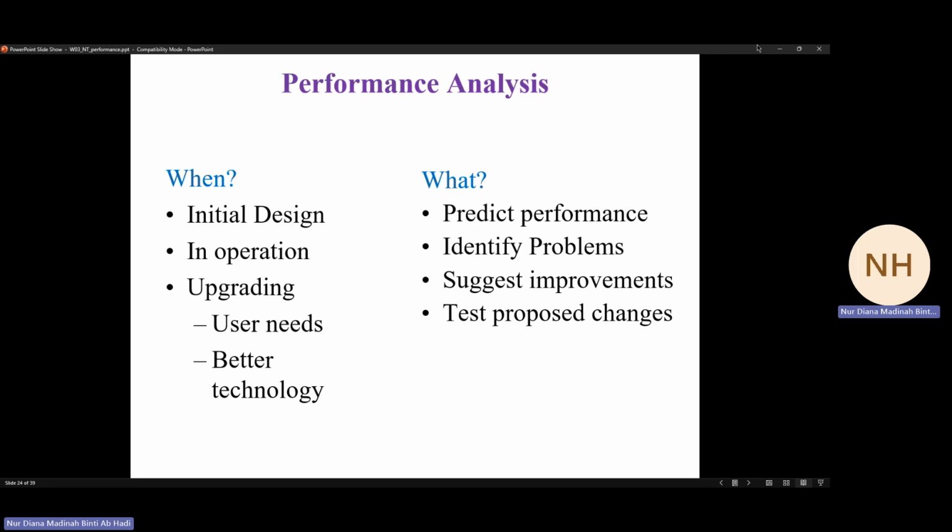Once we identify, we can suggest improvements and test the proposed changes to make sure that the problems are solved and our suggested improvement is really helping to solve the issues and not giving more problems.